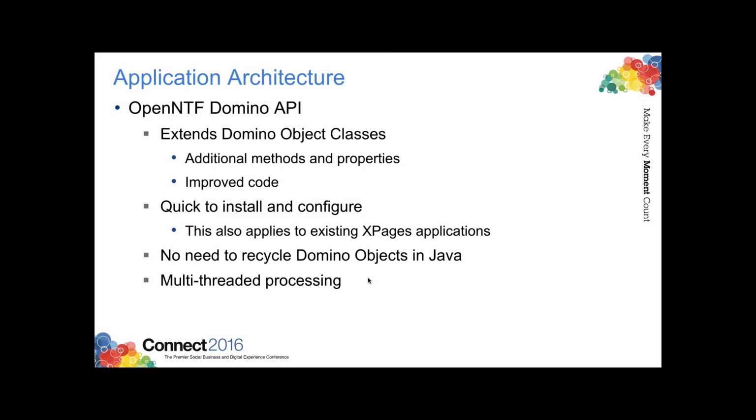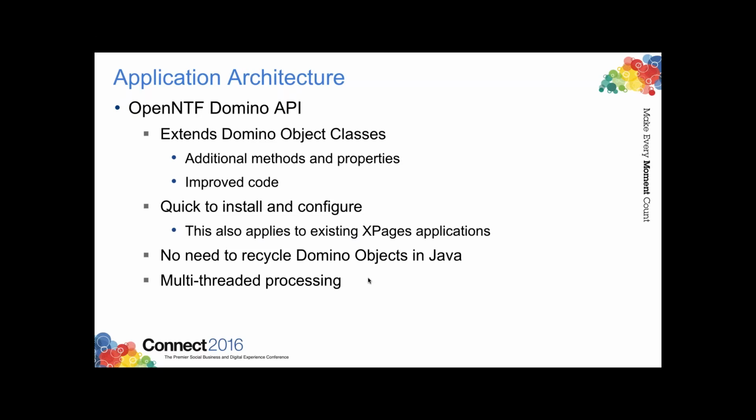By using the OpenNTF Domino API, you essentially have an improved version of the Domino object model. And not just that, you also have additional methods and properties that you didn't have as part of the original Domino API. So just for that very reason, it's worth its salt.